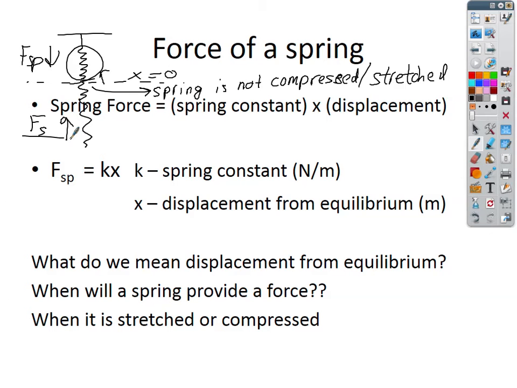Okay? Now, what the heck is this spring constant? Some people get a little worried because they're like, oh, cool. It's a constant. There's one number I can use, and we go from there. The thing is, this spring constant is based on the spring itself. What we mean by that is every single spring in the world has a different spring constant.